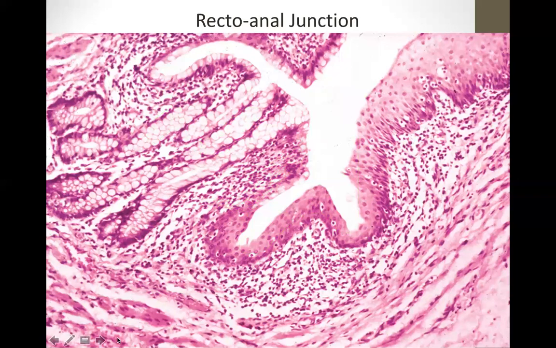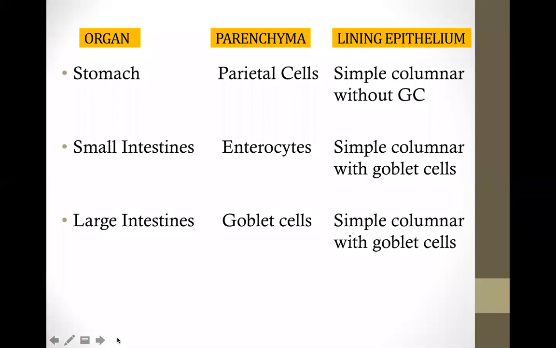Okay? Okay, I made this, wala to sa pinadala kong PowerPoint, but look closely para madaling tandaan. The organ is stomach, small intestine, and large intestines, but the parenchyma differs. Parietal cells for the stomach, enterocyte for small intestine, and goblet cells for your large intestines.